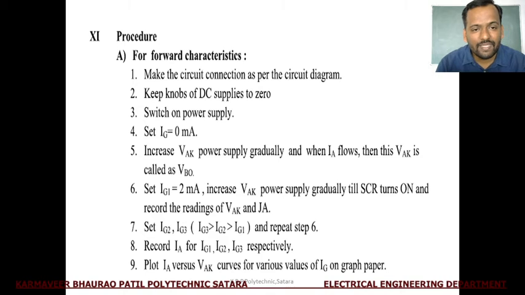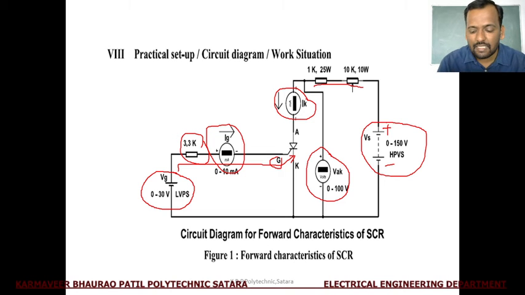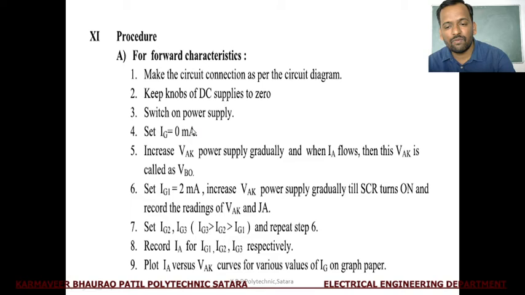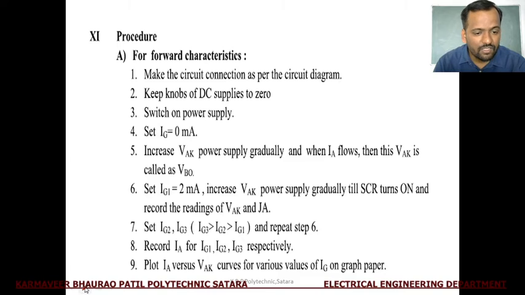Now if we make connections as seen in the diagram, this is the procedure for how we will perform the experiment on SCR performance. In the first step, we set the gate current IG.